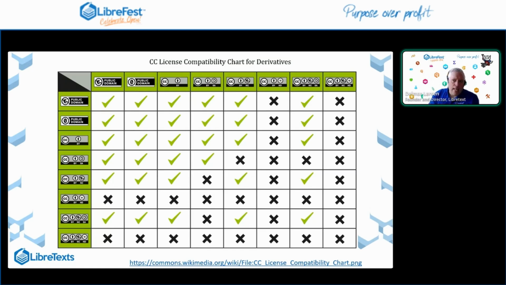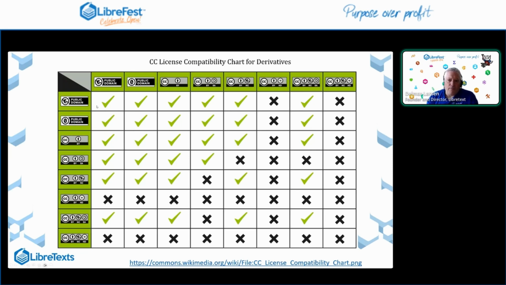That is a compliance issue because you can't choose any license you want to put on top of the license of the material that you're using. And you have a limitation, and this is the Creative Commons licensing compatibility chart. You'll see this all the time. I'm not overly fond of the way this chart is put together because it doesn't emphasize which license you should select, but it does tell you what licenses can kind of coexist.